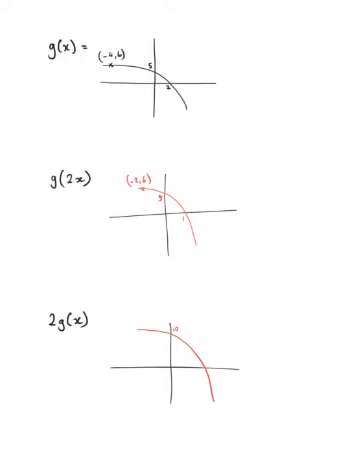It's doing as I expect. Still going to go through 2. That won't change, because that's on the x-axis. But this point that was -4, 6, the -4 is still going to be -4, but instead of being 6, it will be 12, because everything on that y-axis has doubled.